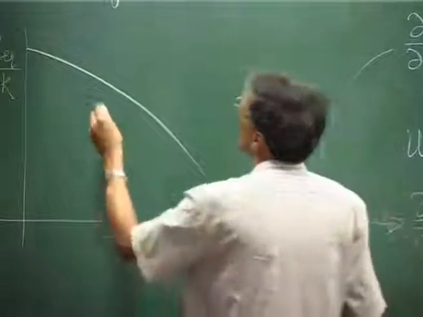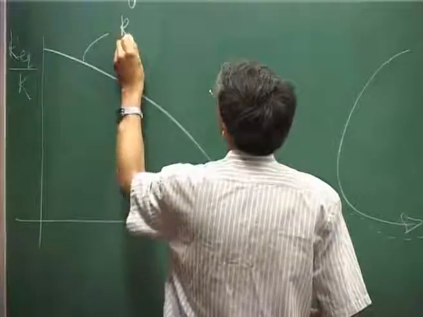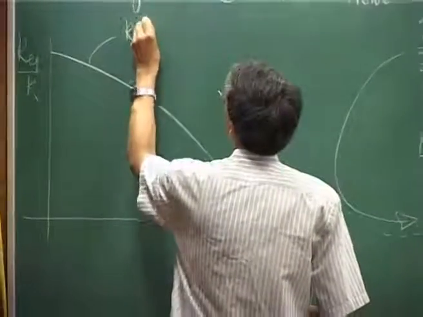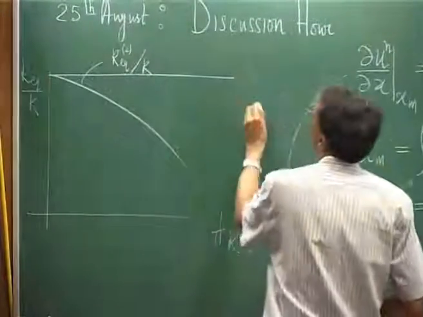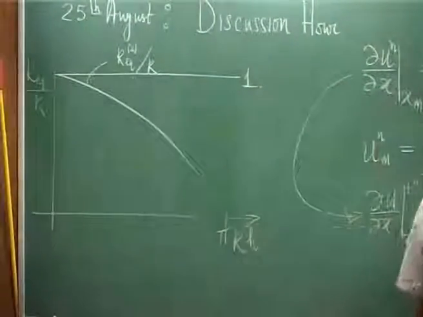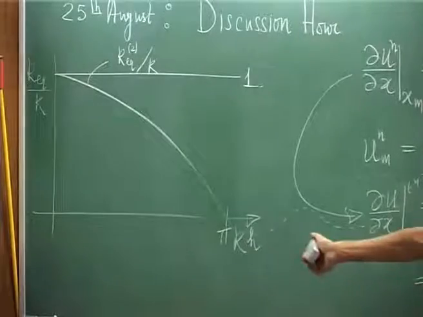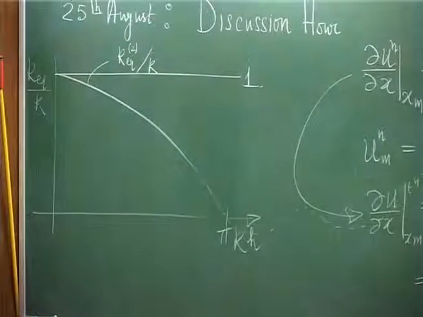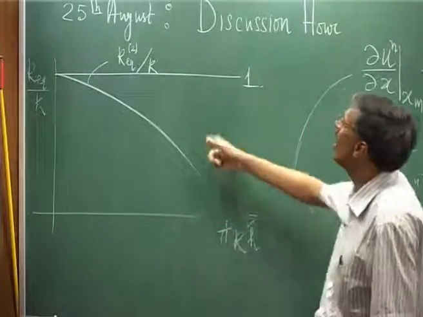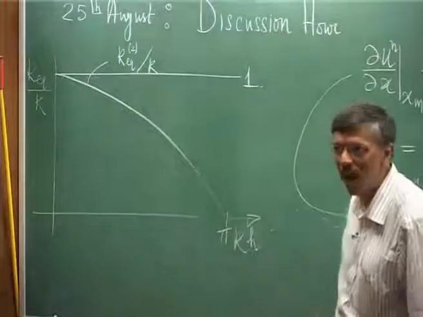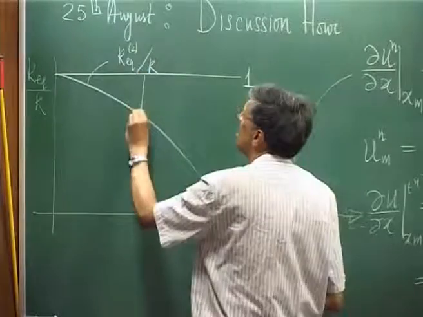And ideally it should have been equal to 1. So, what is happening? In performing discretization, what I am losing out is this much of information at every k.